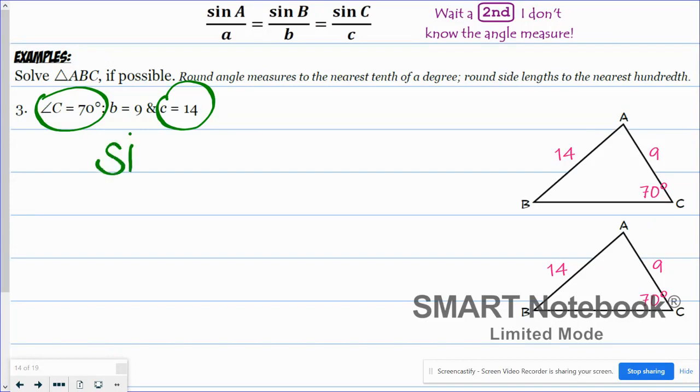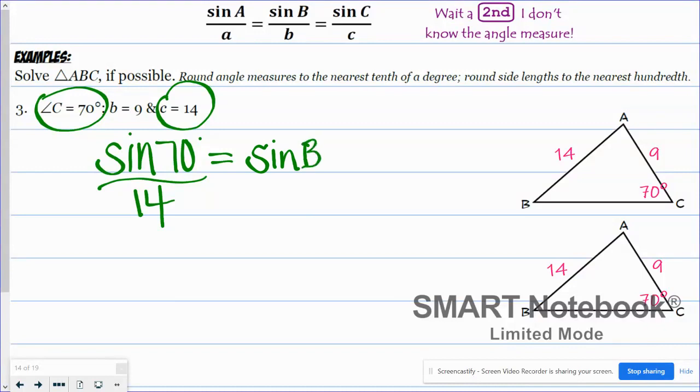So I'm going to have sine of 70 degrees divided by 14. And clearly, the only thing I can use this for at the moment is to find angle B. So sine of angle B divided by 9.